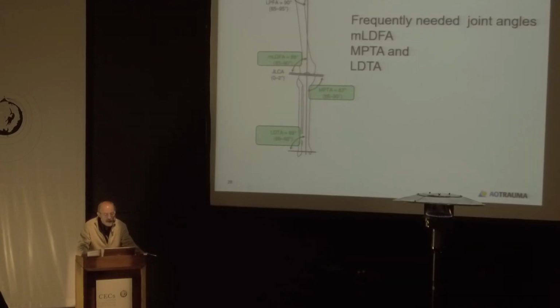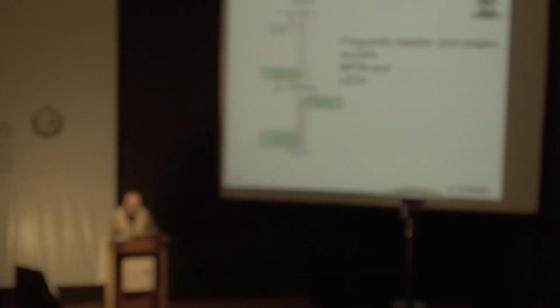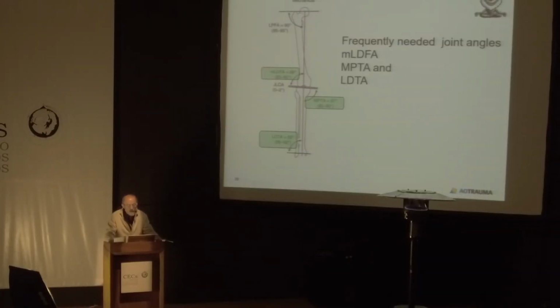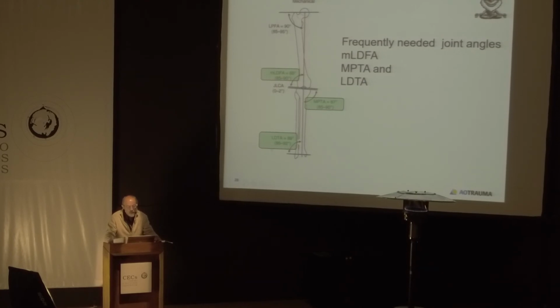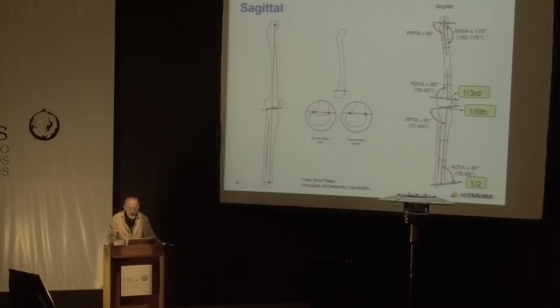So in summary, what are the most important values you have to know? That are this value here, the medial and the lateral angle, and the medial angle for the proximal tibia and the distal femur, and here the lateral angle for the distal tibia. These are the three most important angles you need if you go for anatomical planning.